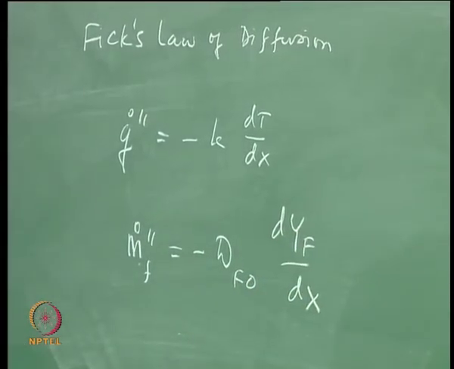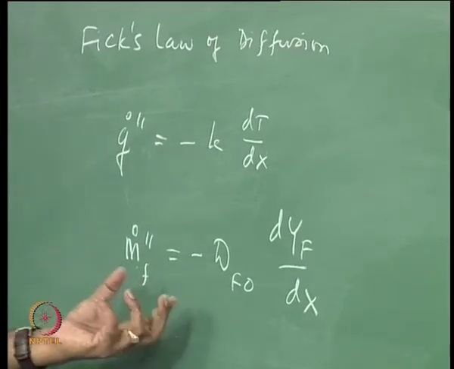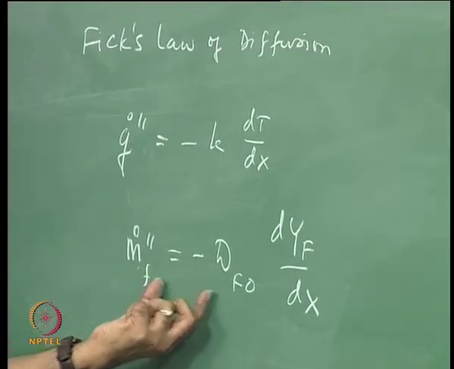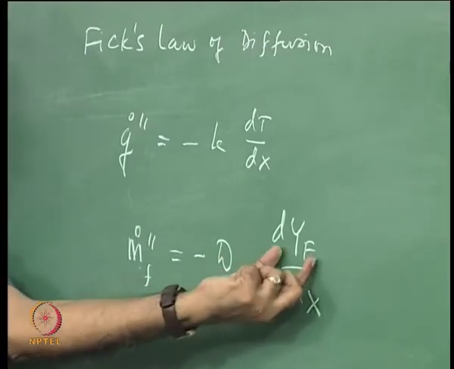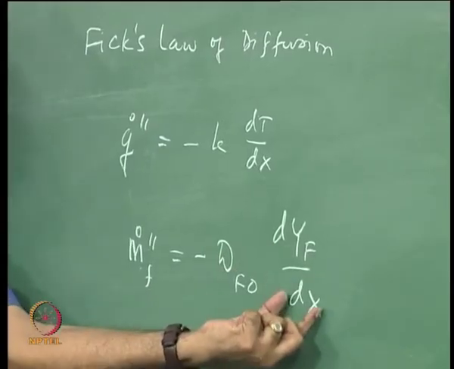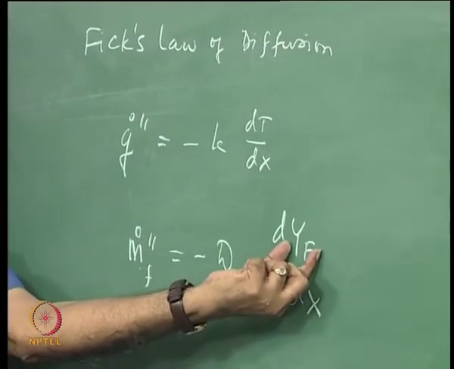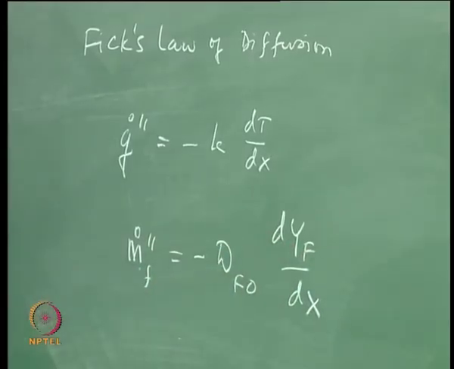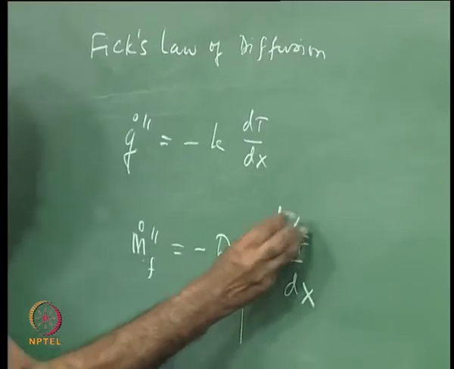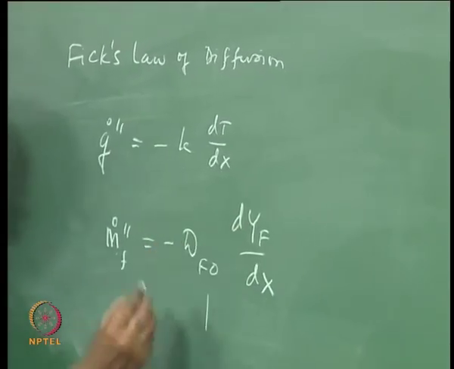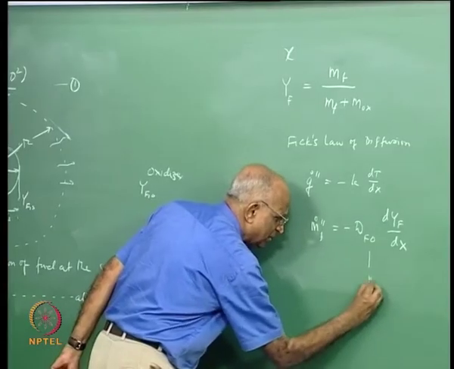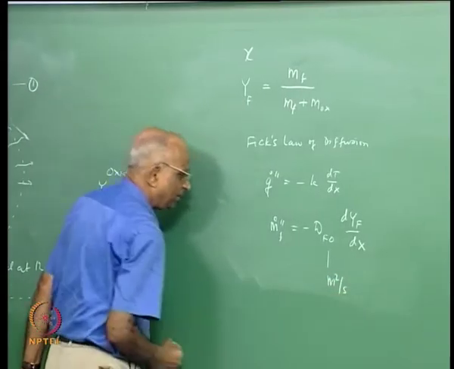But you will also recall that the equation given for diffusion is given in terms of concentration gradient. Now I am writing it in terms of mass fraction. Therefore, let's clarify what the unit should be. The diffusion coefficient, since it is concentration, the unit is meter square by second.